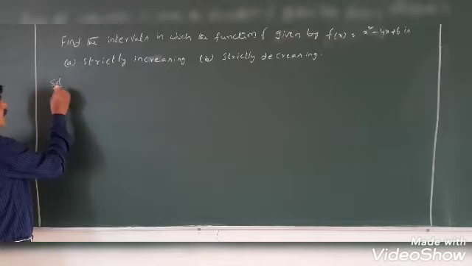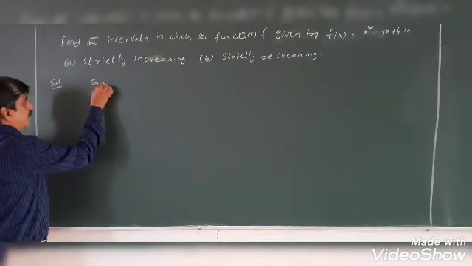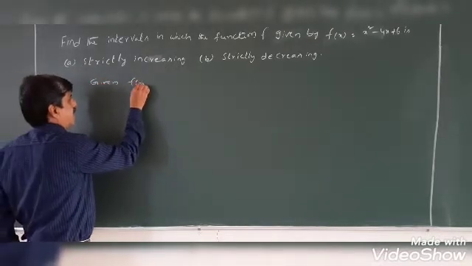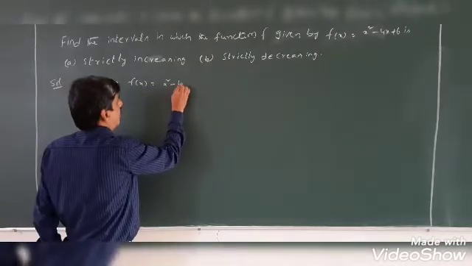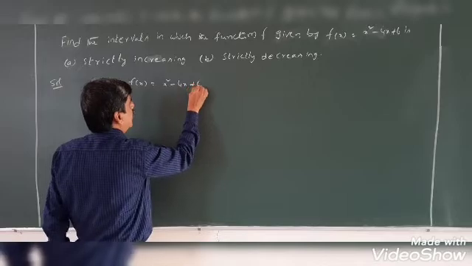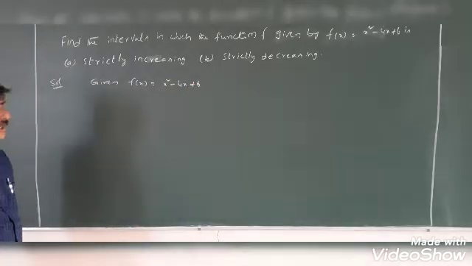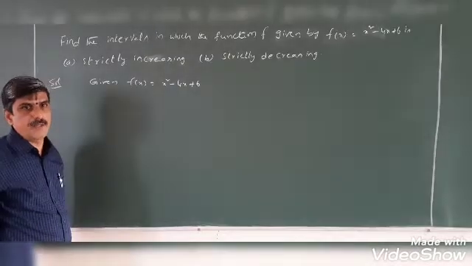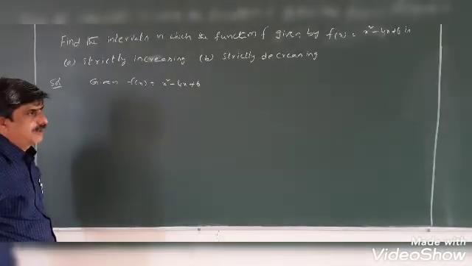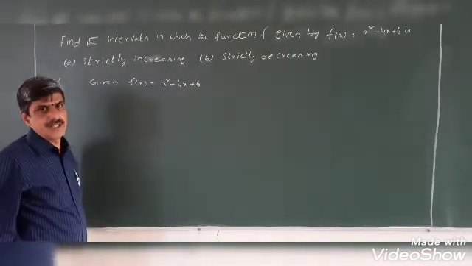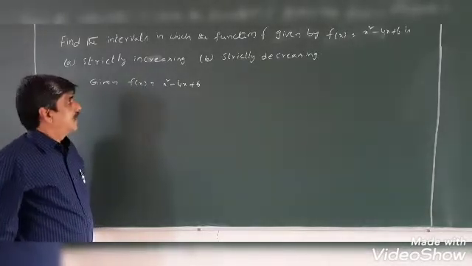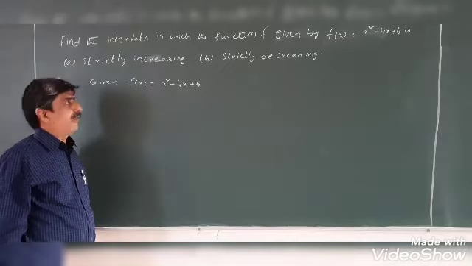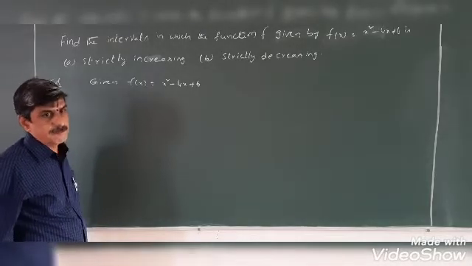Solution: given f of x is equal to x square minus 4x plus 6. If a function is strictly increasing or strictly decreasing depending upon f dash x, for what values of x, f dash x greater than 0 in real number system, then in that x values the function is strictly increasing.